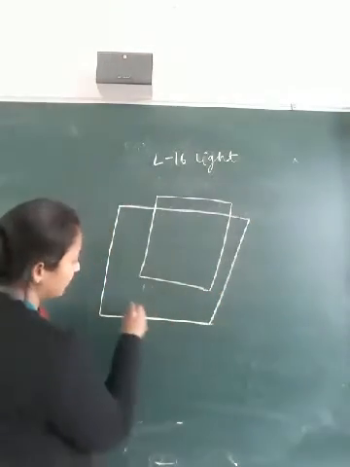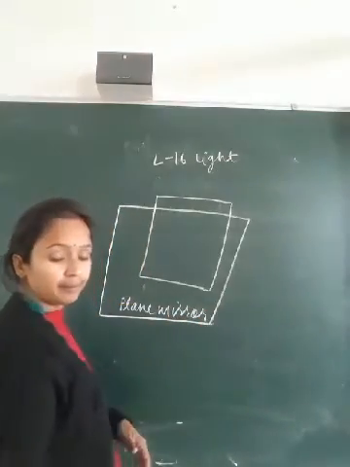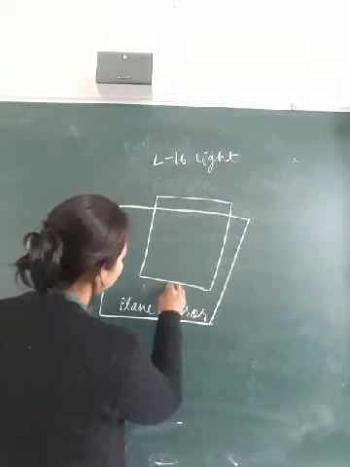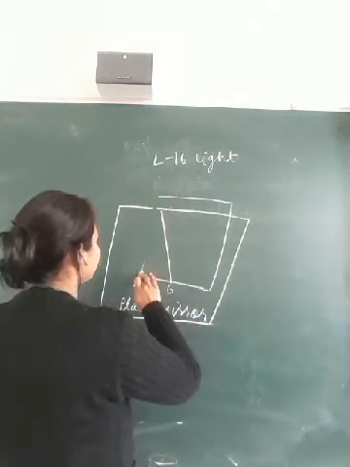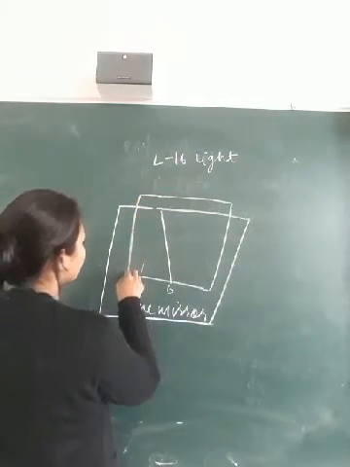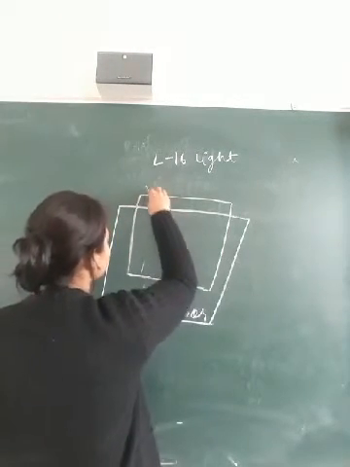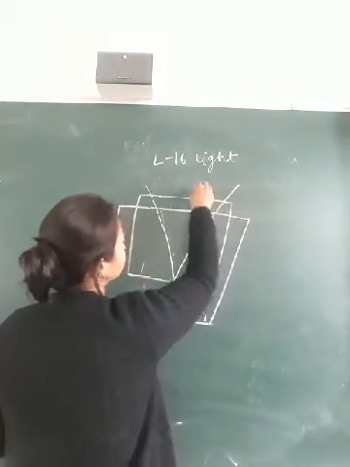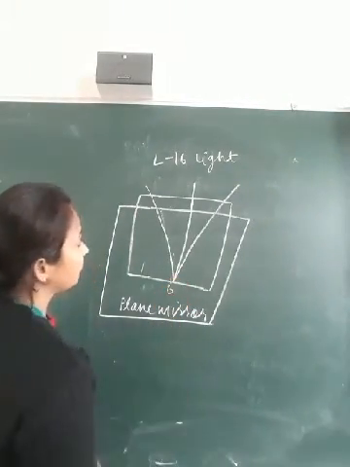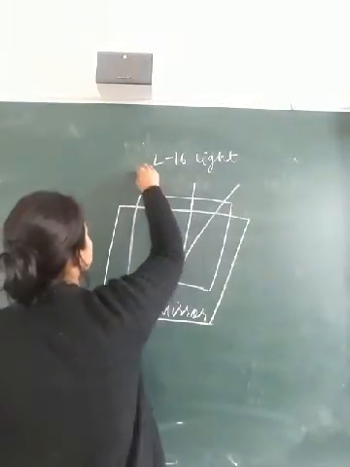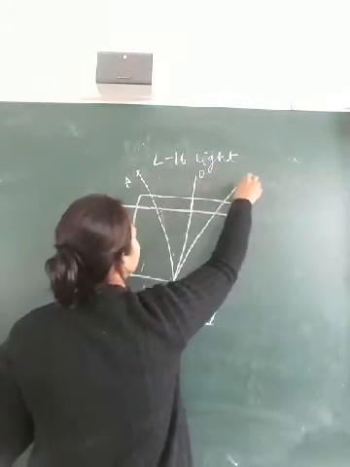You can say that this is the plane mirror, and this is the point B. This is the point B, and you can see this A, D and C.